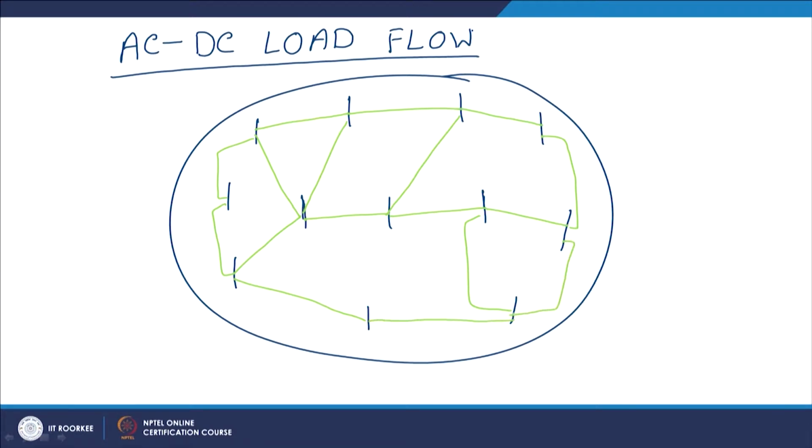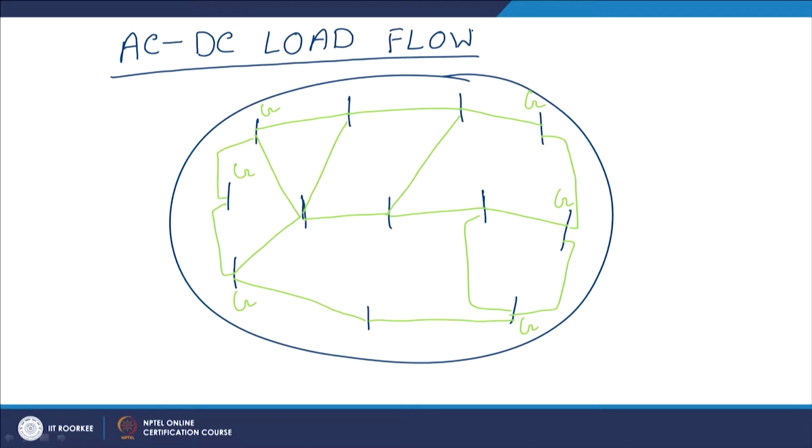There are loads and there are generators at some buses. Say there is a generator at this bus, at this bus, at this bus, and at the other buses there are loads. So, this is the usual configuration of an AC system.